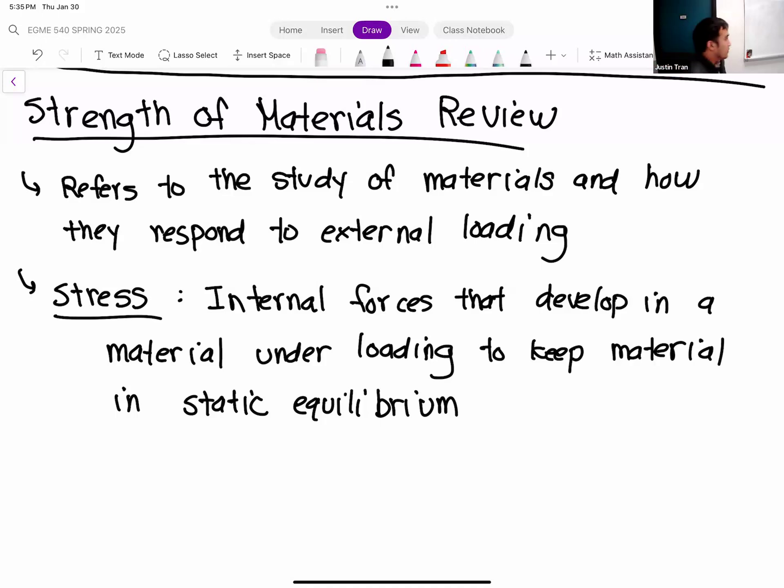Even though I say stresses are internal forces, the units for stress are not actually newtons. The units we typically use for stress are force divided by area.